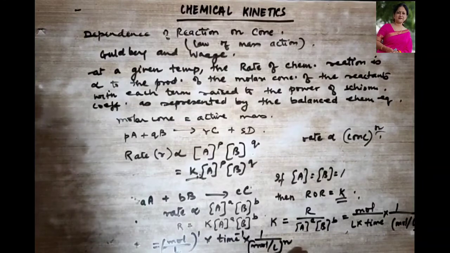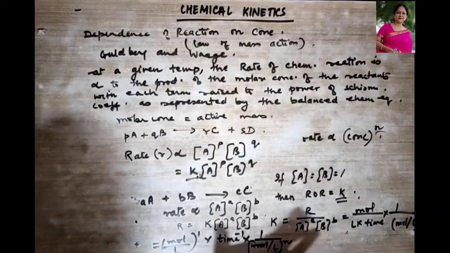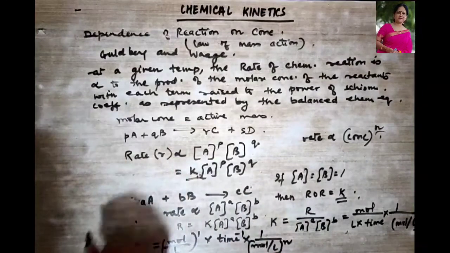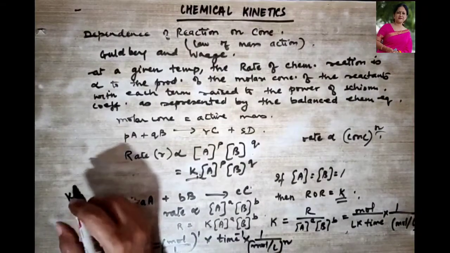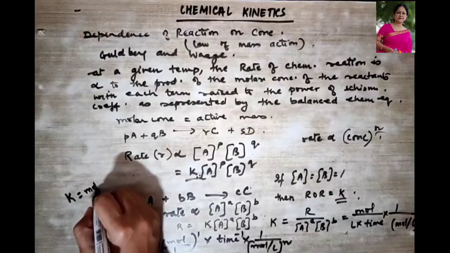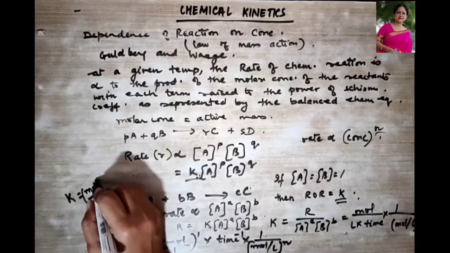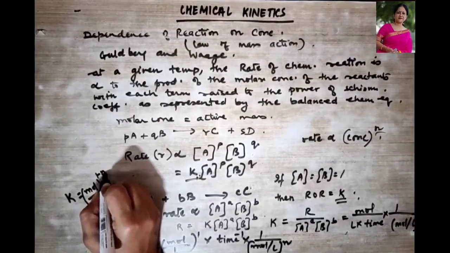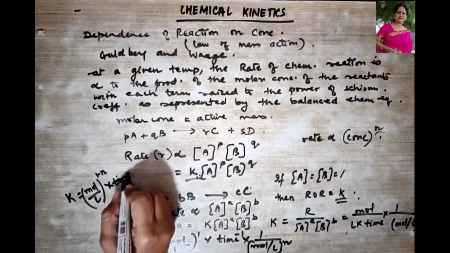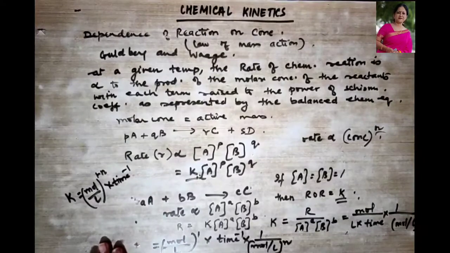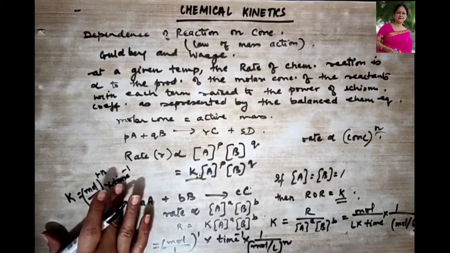Thus, what shall be our unit? I'll write it down over here. The unit of your rate constant becomes mole per liter to the power of 1 minus n, per time, right? I hope this is clear.